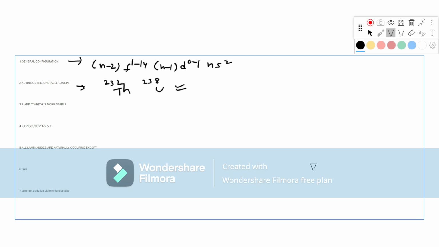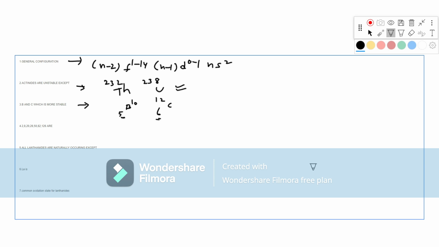Next one, if you take boron and carbon, which is more stable? How can you decide? The important rule you have to remember here: an element with an even number of protons is more stable than one with an odd number of protons. If you take boron 5, mass number 10, and carbon 6, 12, here 5 protons are there, here 6 protons are there.